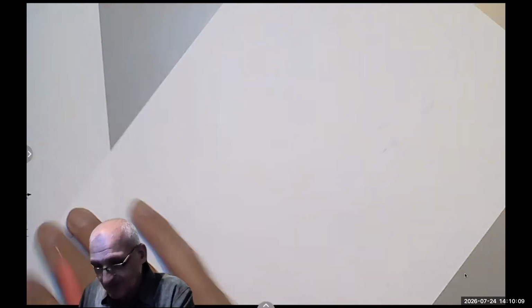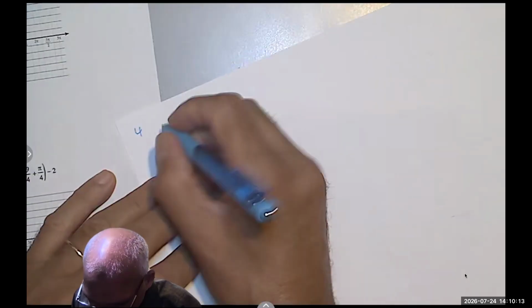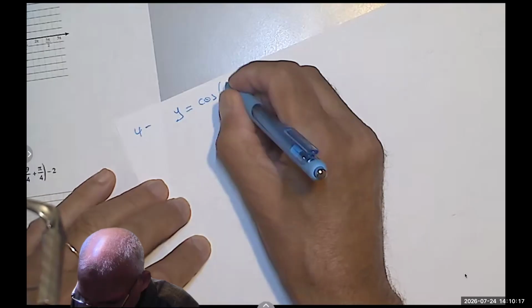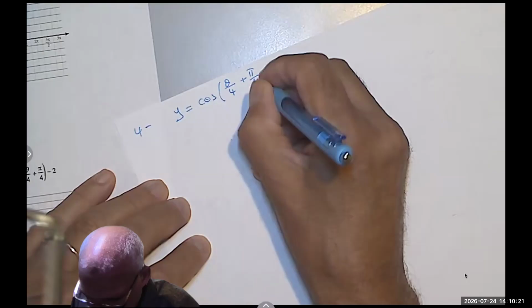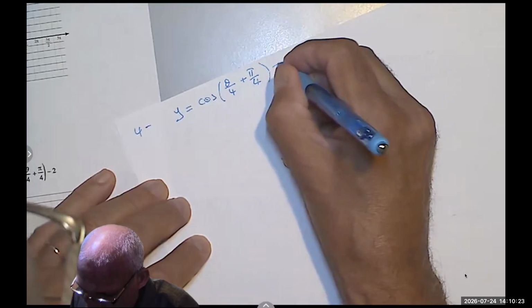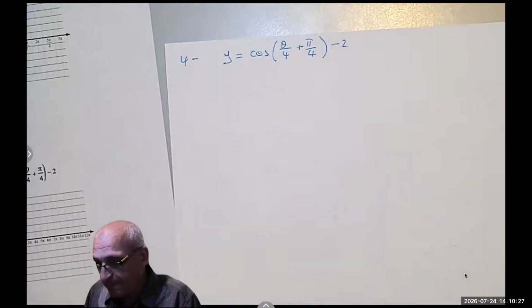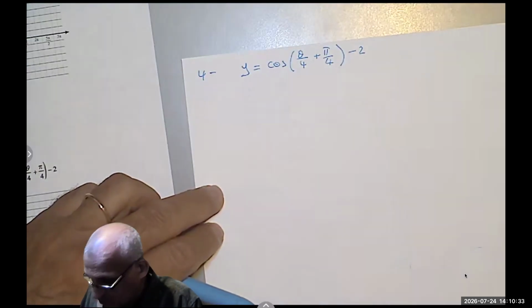Okay, so let's go back to our graph. It says y equals cos of theta over 4 plus pi over 2, over 4, I'm sorry, minus 2. Again, I'm going to add 2 to both sides.